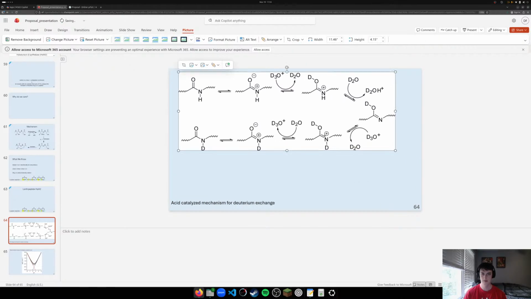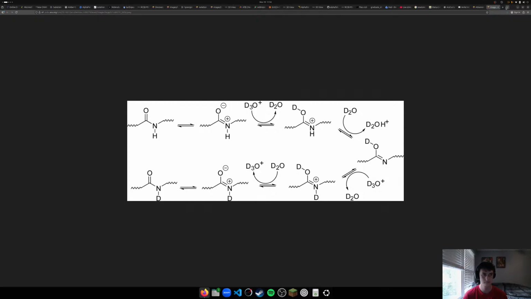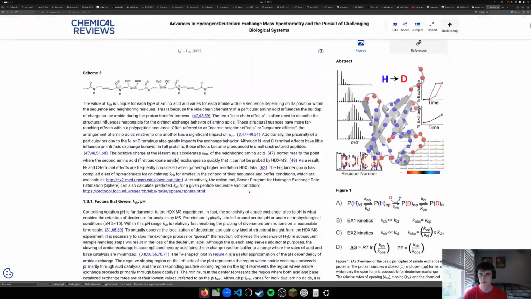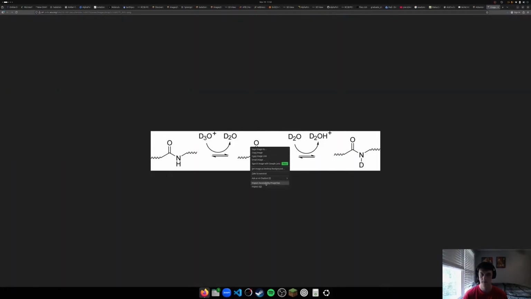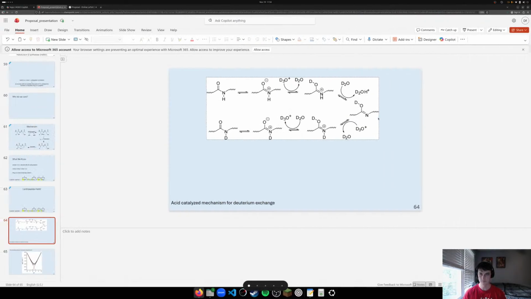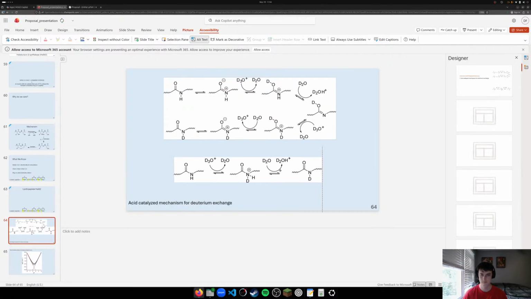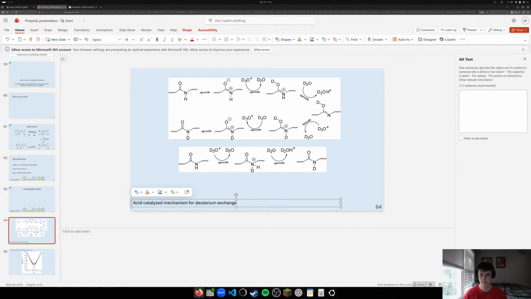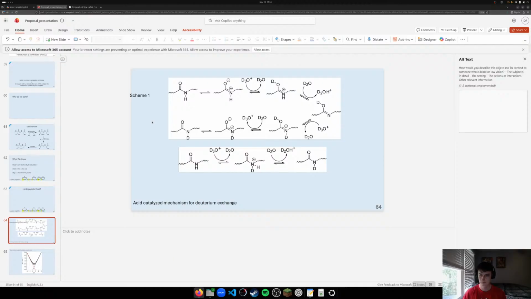So this is one path. I need to add the other one. And so here's scheme 2. Scheme 1. Scheme 2.